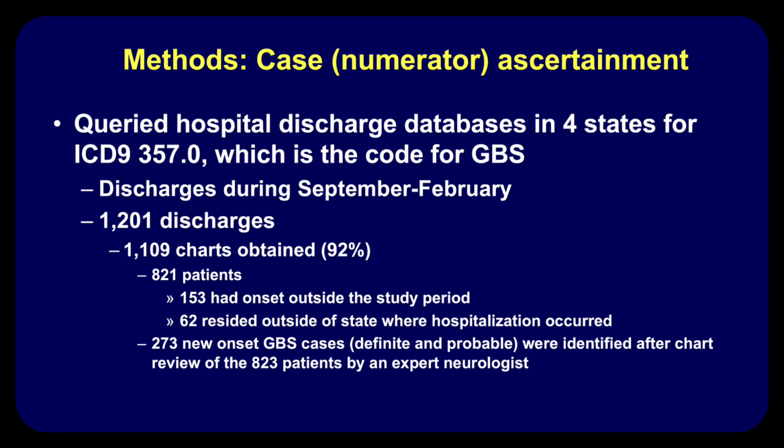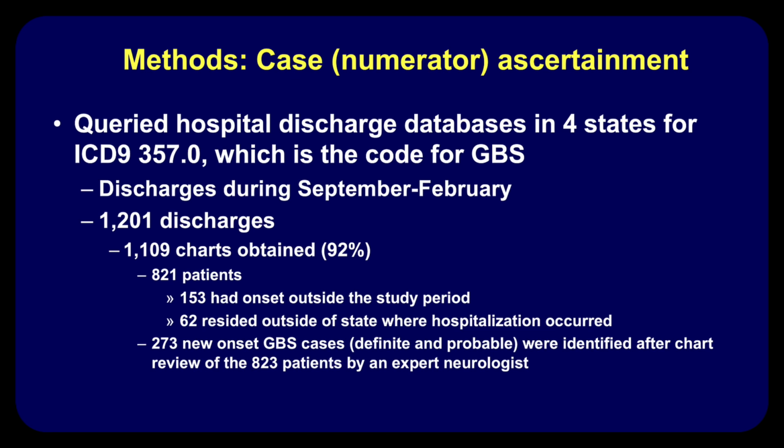If a vaccine causes Guillain-Barré syndrome, it's going to do so within a relatively short time period after vaccination, say 6 weeks or 8 weeks. And so we really only needed to look for discharges of Guillain-Barré syndrome from the hospital during September to February of each year, or that's where we focused our efforts.